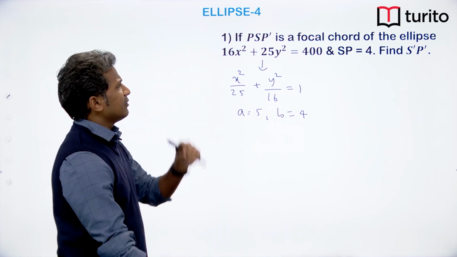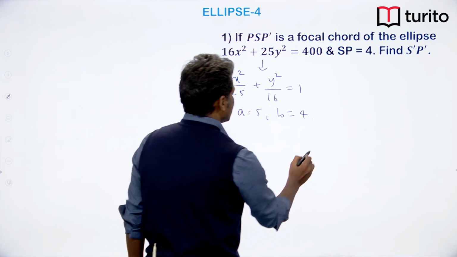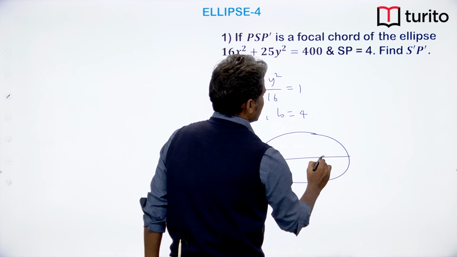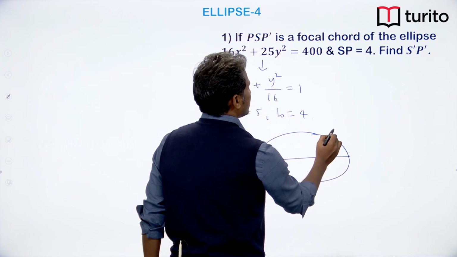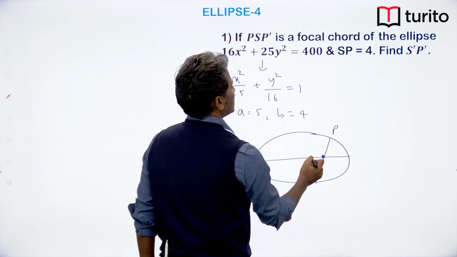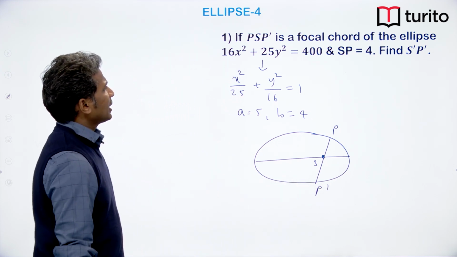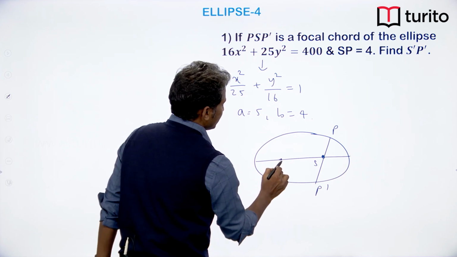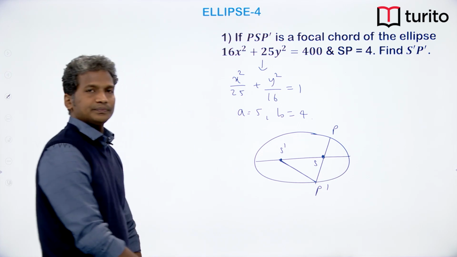Now SP is given as 4, SP means focal length. So suppose let us say I have this ellipse and this is my focus S. So this becomes one focal chord, let us take this as P and let us take this as P dash. And we have to find S dash P dash. So if there is another focus which is S dash, we are interested in this length.